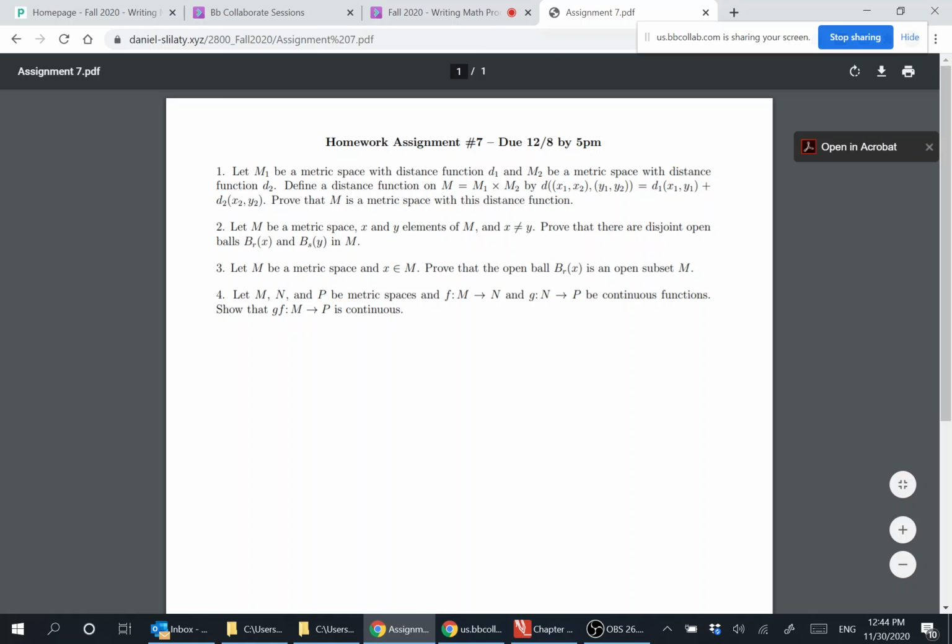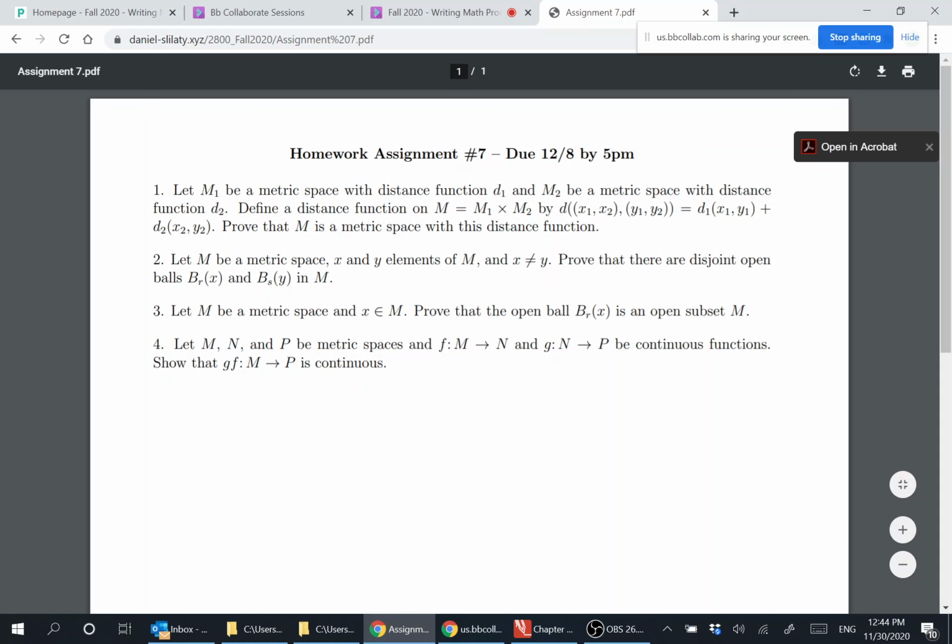Number 2: let M be a metric space, and let X and Y be elements of M, X not equal to Y. Prove there are disjoint open balls B_R(X) and B_S(Y) inside of M. Okay, so you have to tell me what R is and what S is, explicitly.